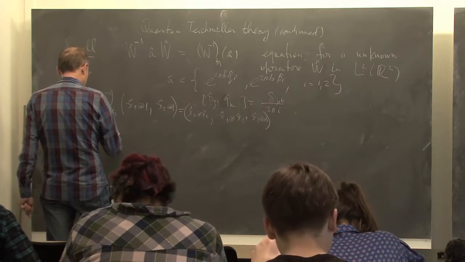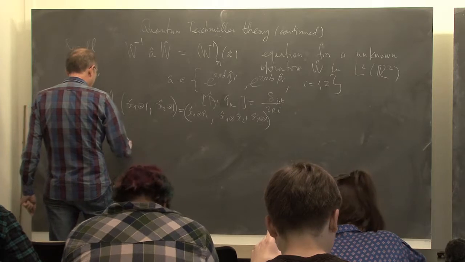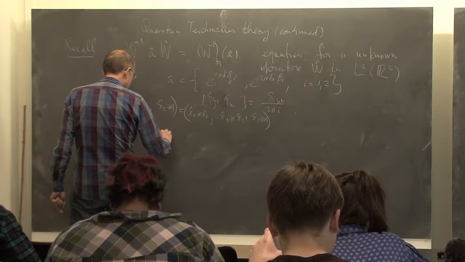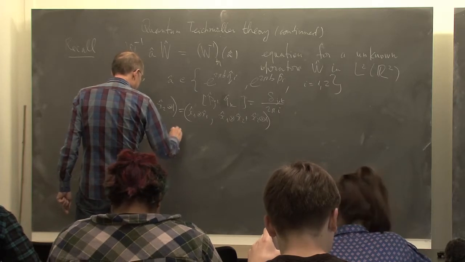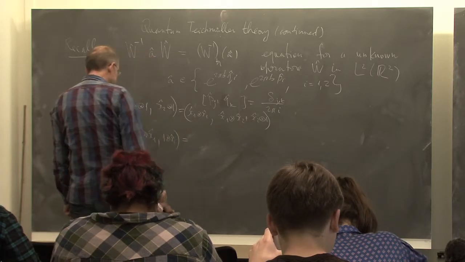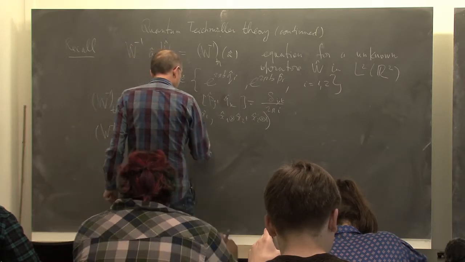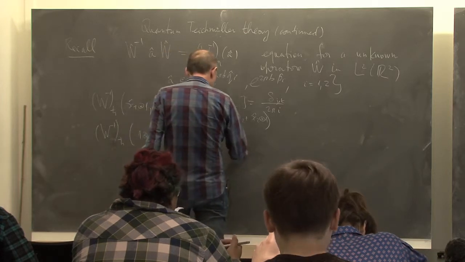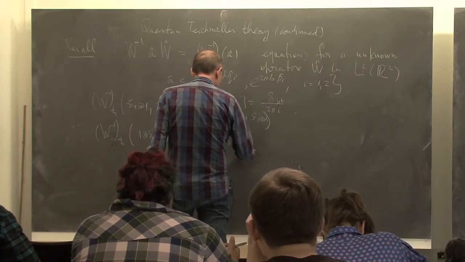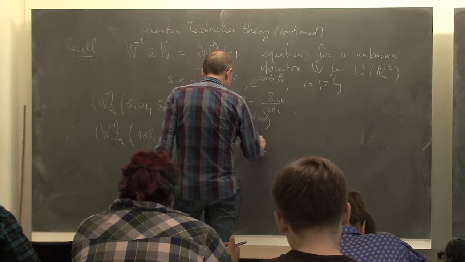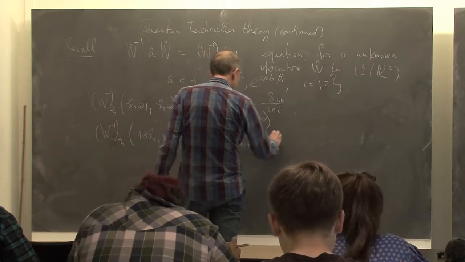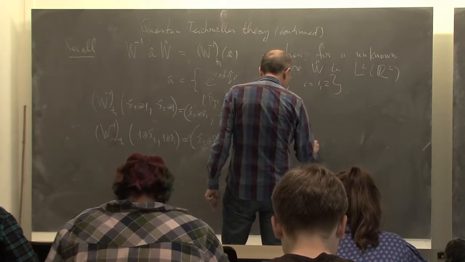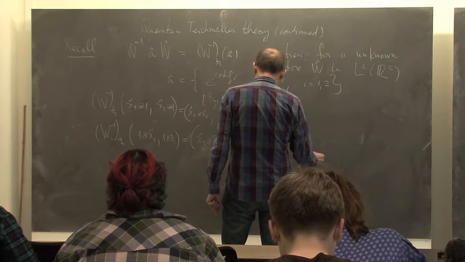W minus 1 sub h bar acting on 1 tensor x1 hat, 1 tensor x2 hat was x2 hat tensor x1 hat, x1 tensor x2 with hats plus x2 hat tensor 1 minus 1 tensor x2 hat.